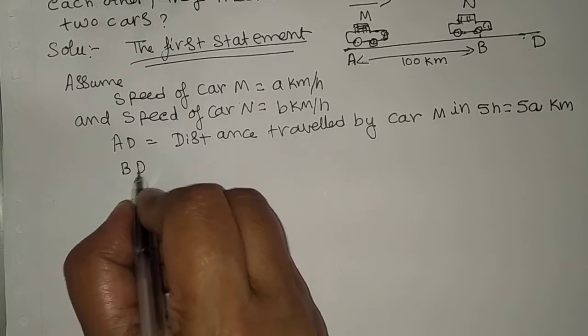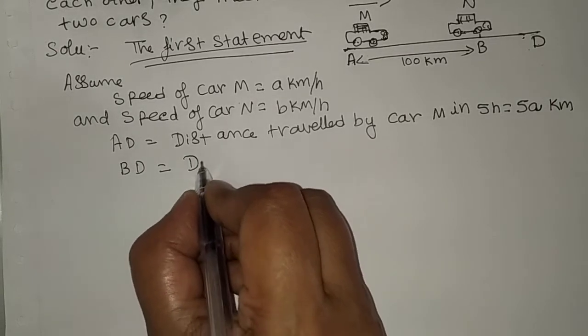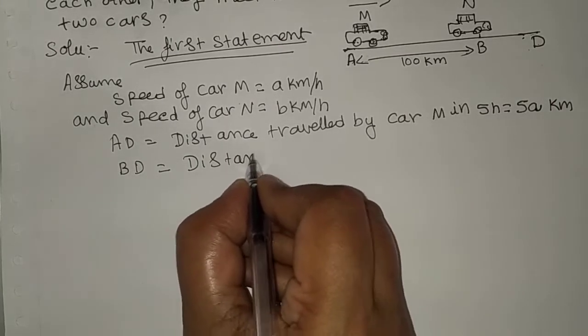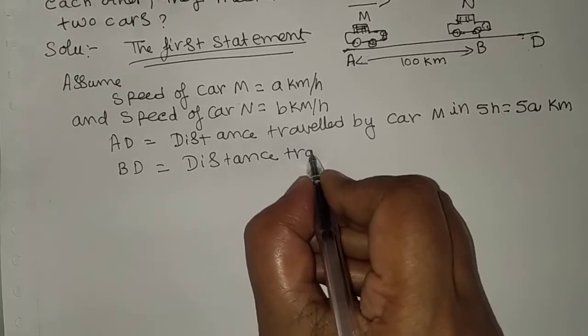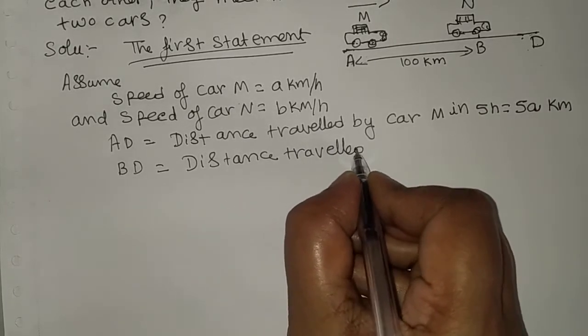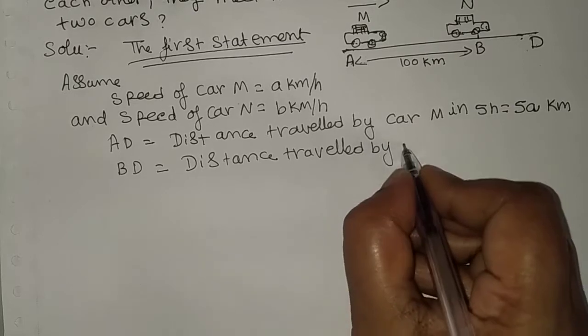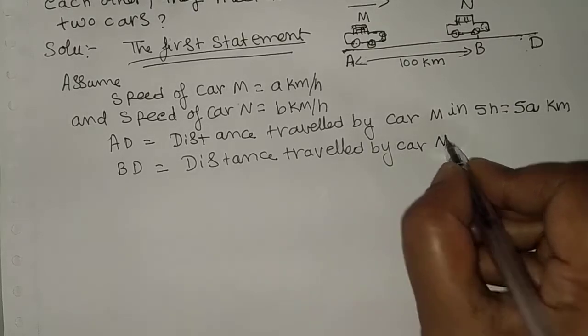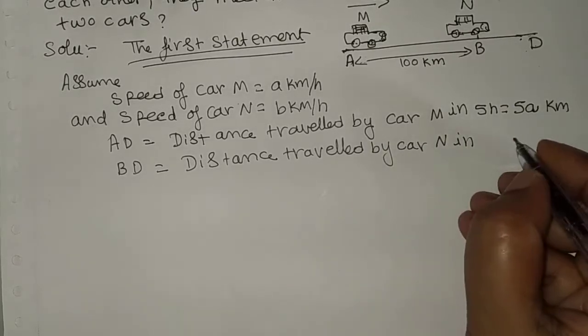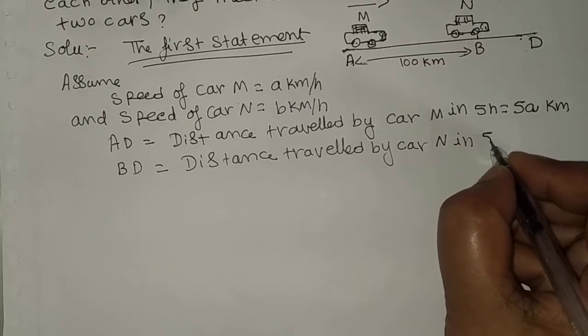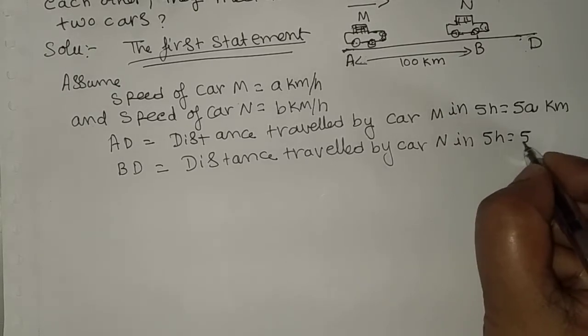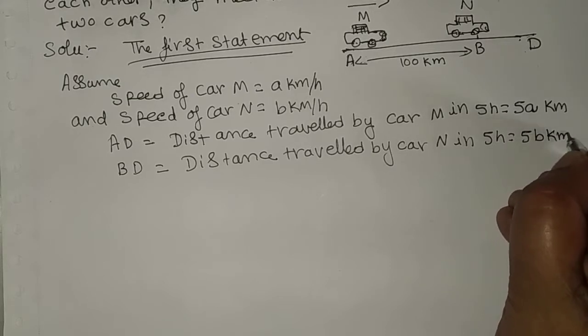Next, BD is the distance traveled by car N in 5 hours, which is equal to 5b kilometers.